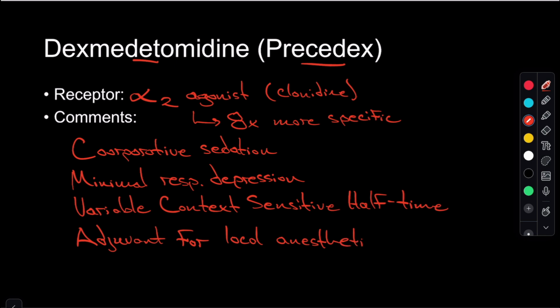I've seen this called into question a little bit, but everybody is trying to find local anesthetics that last longer. The idea is that if you mix Precedex with some of the local anesthetics, then that might cause the local anesthetics to last longer when you're providing regional anesthesia.